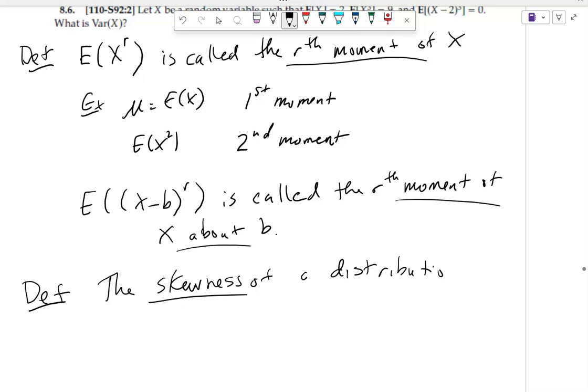When we do skewness of a distribution, by definition, it's the expected value of x minus mu cubed, and then divided by the standard deviation cubed.